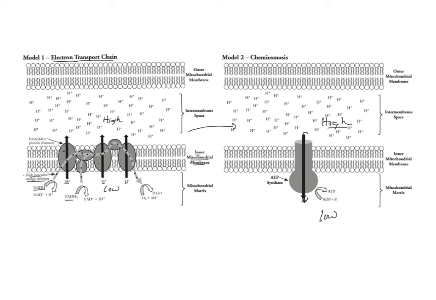And in this case, that energy is going to be coupled with ADP phosphorylation. So the energy coming from the hydrogen ions flowing through this ATP synthase molecule and causing it to physically turn is going to be used to phosphorylate ADP into ATP.